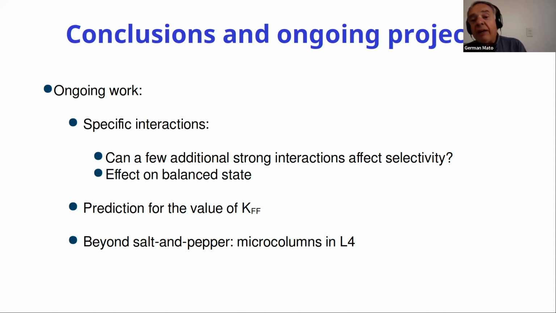How will this affect selectivity, and will this affect the balanced state in the cortex? Also, we want to have a well-defined prediction for the value of KFF, putting together a lot of possible measurements and predictions of the model to see whether we have a prediction for this quantity that is not really well measured.